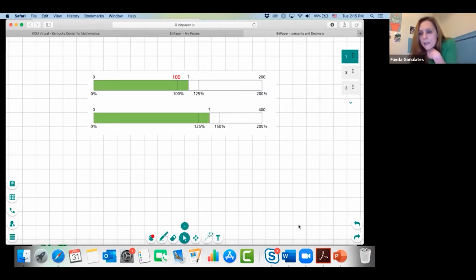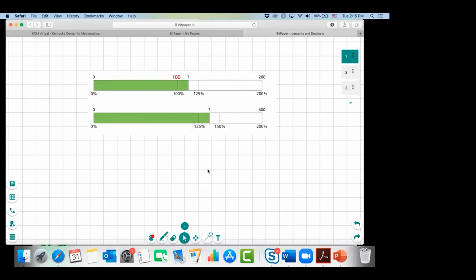Jacqueline says, is it 112.5? Dakota says, I did 125 and 100 and then divided the sum by 2. Dakota, would you mind talking about why you divided the sum by 2? Can you explain your thinking? I can call on you because you were my student. Can you hear me?